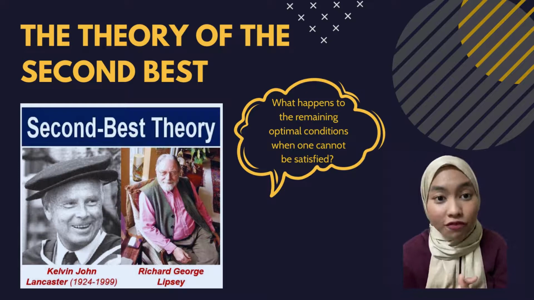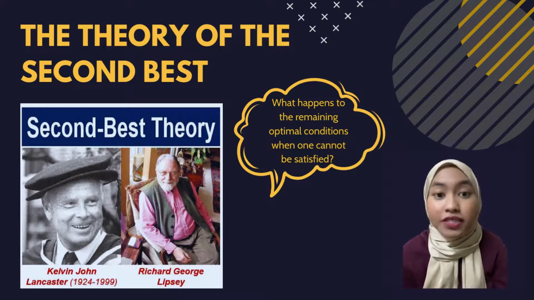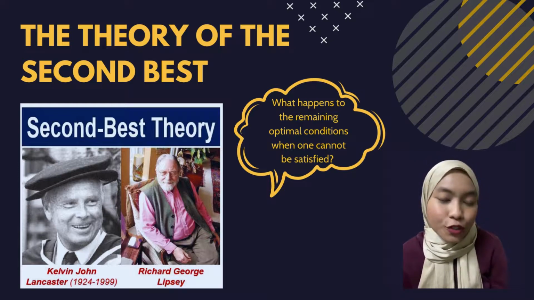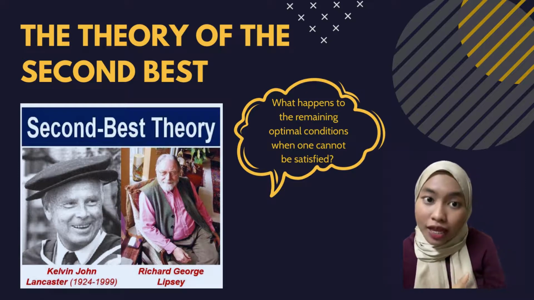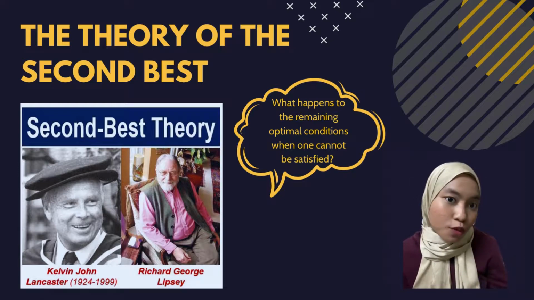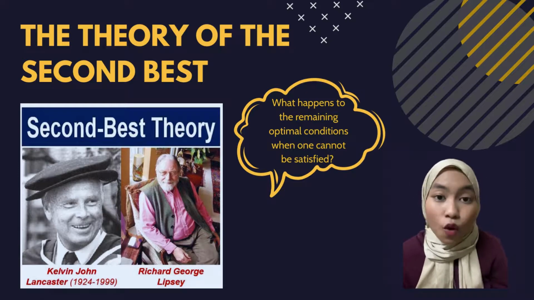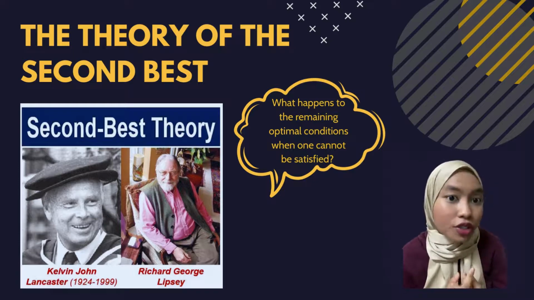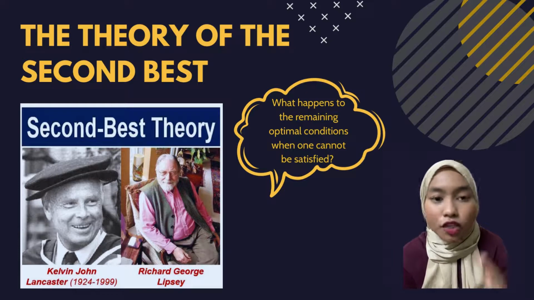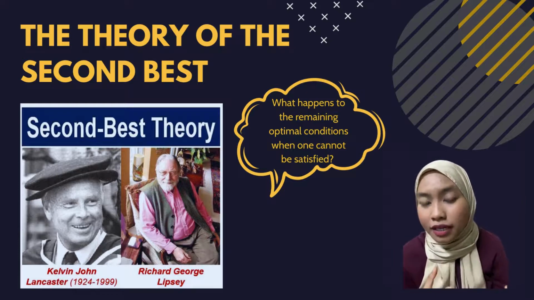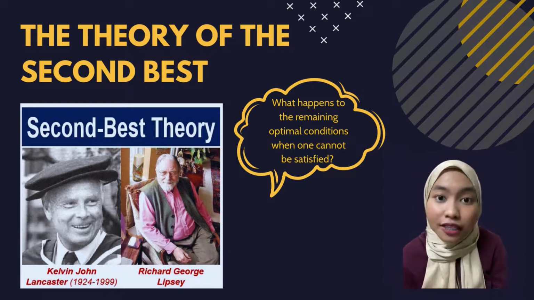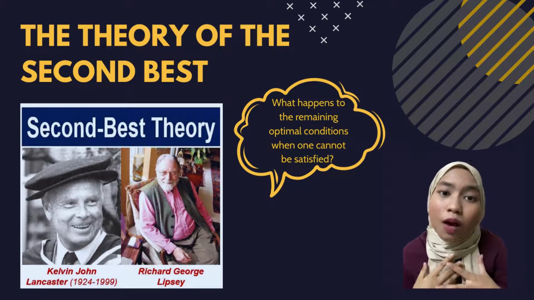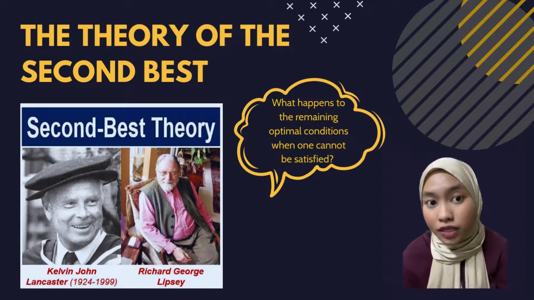Okay, let me give an example of what the theory of the second best looks like. Let's consider Henry Coles, an imaginary mining firm which has a monopoly in coal mining, but is at the same time a huge contributor to pollution. The toxic waste from the mine is thrown into rivers, and its workers inhale poisonous dust that makes them sick.